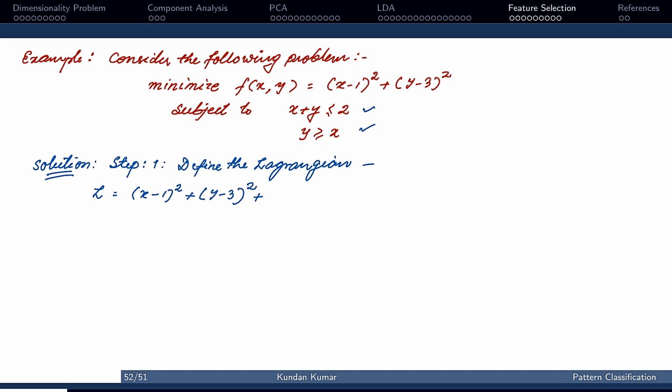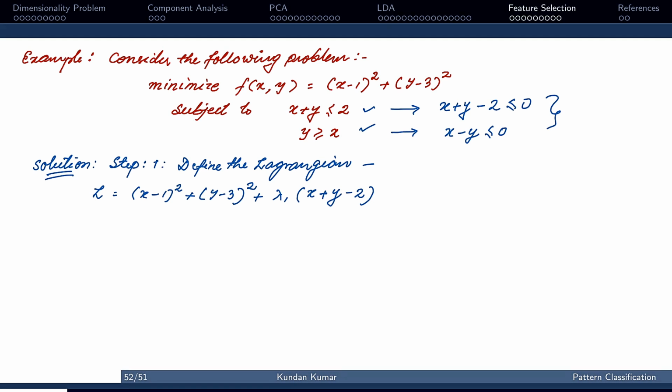Here we have two constraints, so we will have two Lagrangian multipliers. So lambda 1 into the first constraint, which we have to make in the standard form, so it will be x plus y minus 2 less than or equal to 0, and from the second constraint we will have the standard form x minus y less than or equal to 0.